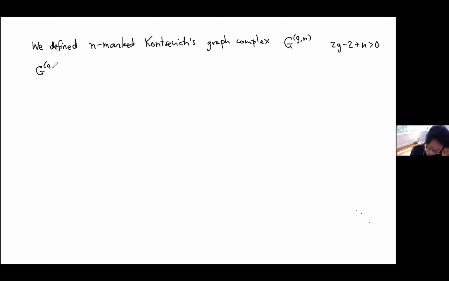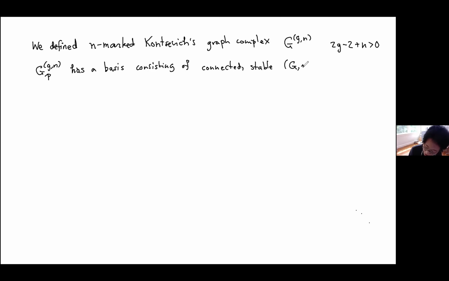And in degree p, it has a basis consisting of connected, stable, marked graphs.